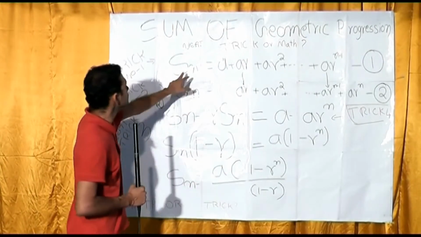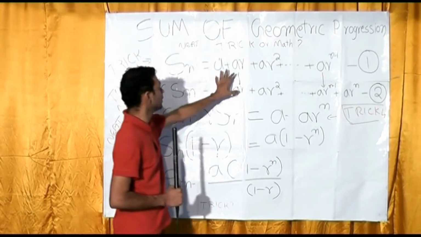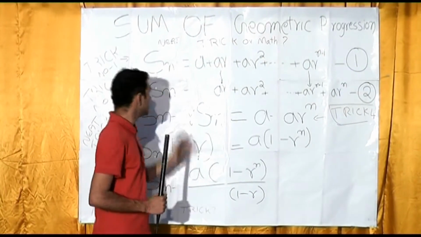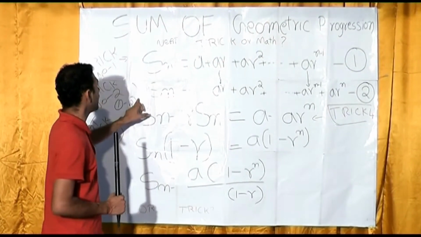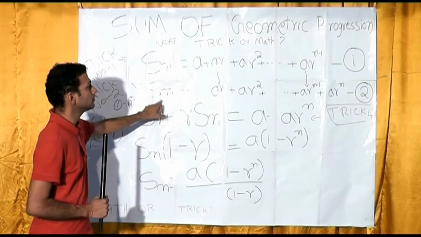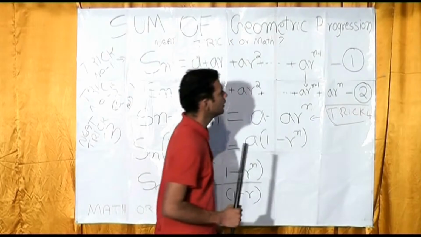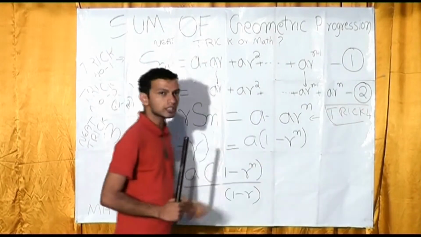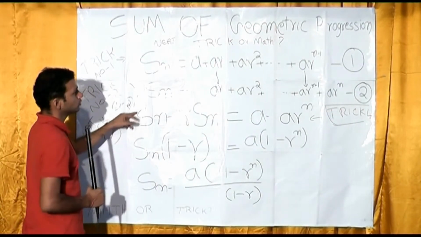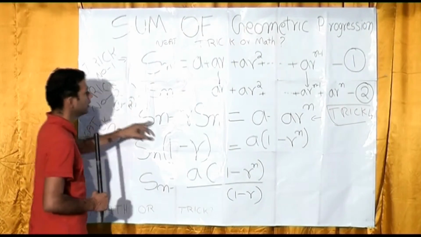The derivation begins by assuming the sum as Sn. The next step is you multiply r to Sn, so that you get ar square, and this is result 2. The third step is 1 minus 2, that is Sn minus r into Sn.